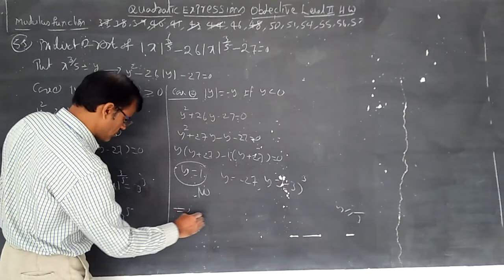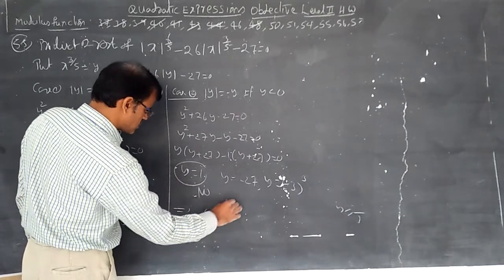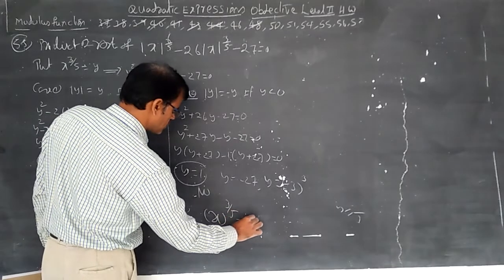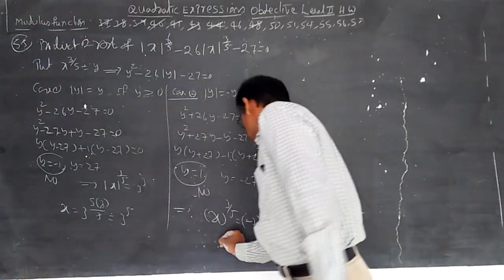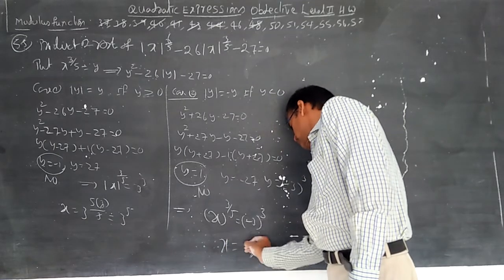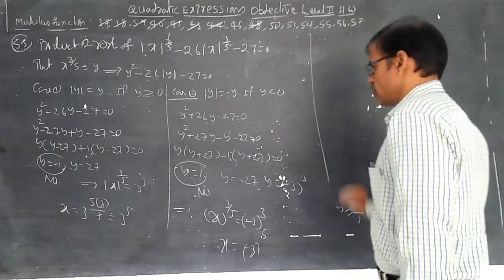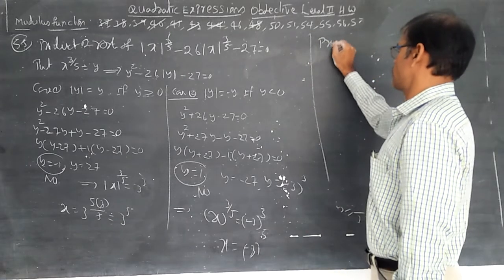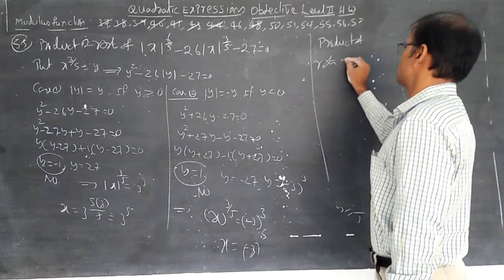That implies, whatever the value we thought for x, x power 3 by 5 is equal to minus 3 whole cube. So x is equal to minus 3 whole power 5. Minus 3 whole power 5. So product of roots, and he is asking about product of roots.